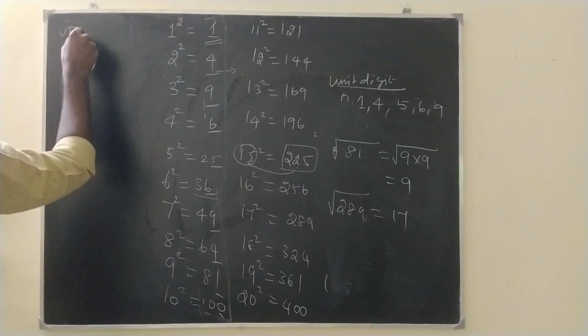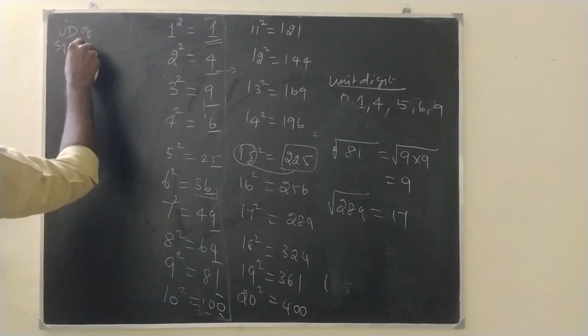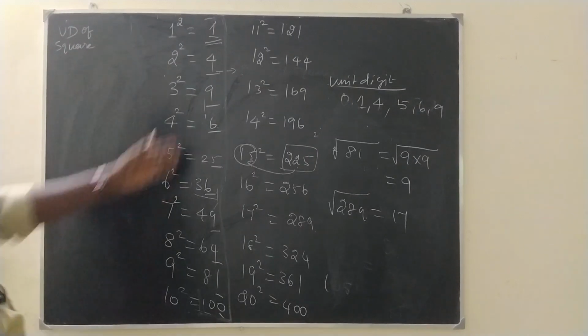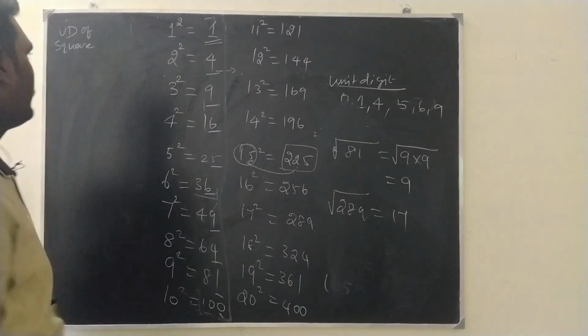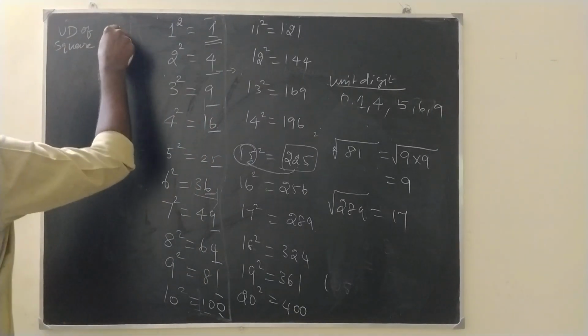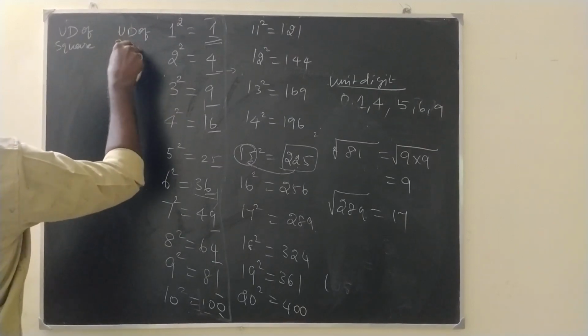Unit digit of a square number, perfect square or square numbers, likewise we can call it. Then the unit digit of the square root.